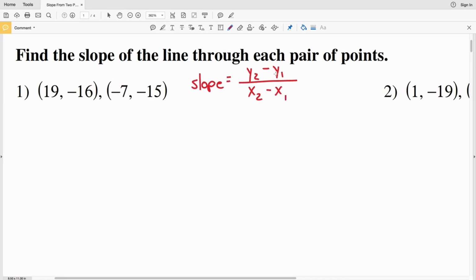So you're subtracting the y coordinates and you're subtracting the x coordinates, and the change in y is all over the change in x. The main thing to remember is that when doing y2 minus y1 over x2 minus x1, x2 and y2 come from the same coordinate, and x1 and y1 come from the same coordinate.